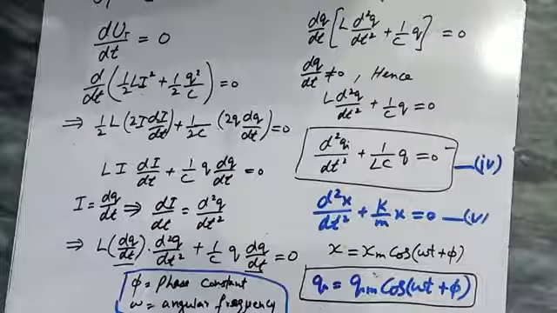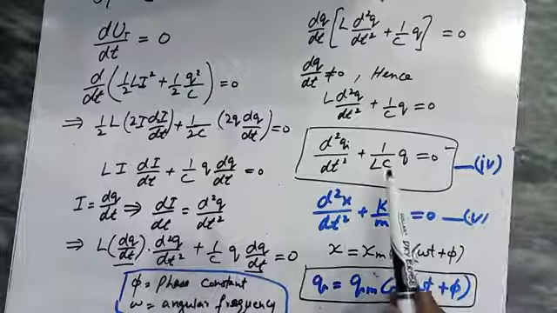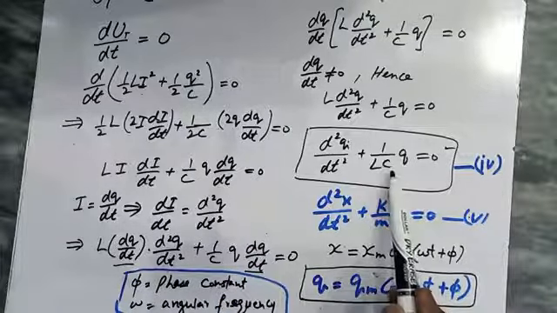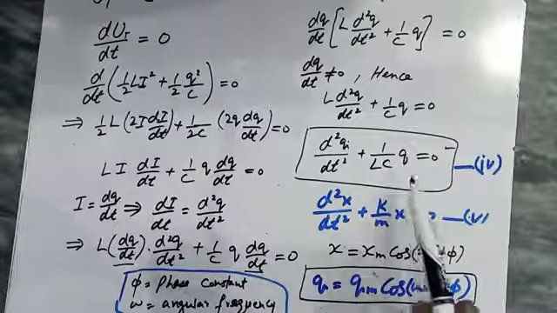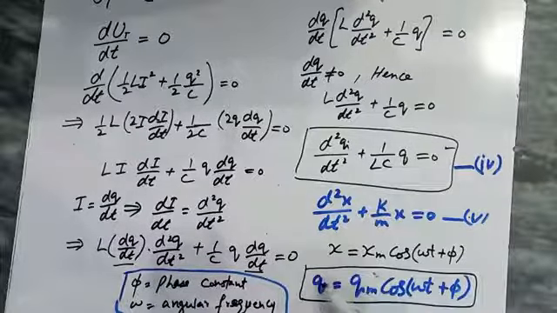To find them, I have to solve this equation of the electromagnetic oscillator. To solve this equation, I put these values in equation 4.